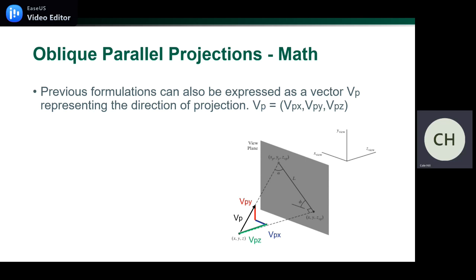And v sub p just points from each point to the viewing plane along the line that it's going to be projected along. So I'm going to extract some relationships from this, and then we can use a matrix transformation using this vector like we've been doing with the previous projections.